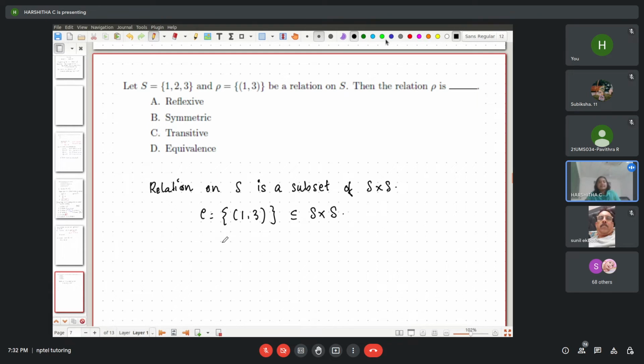The question is: is this reflexive, is it symmetric, is it transitive, is it an equivalence relation? I'll briefly explain what these terms mean.